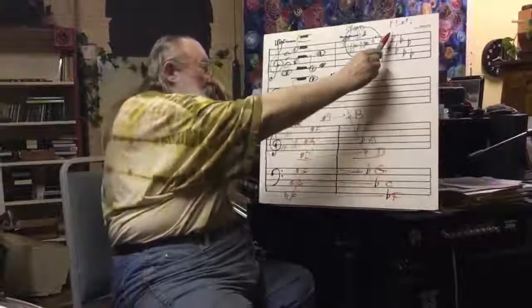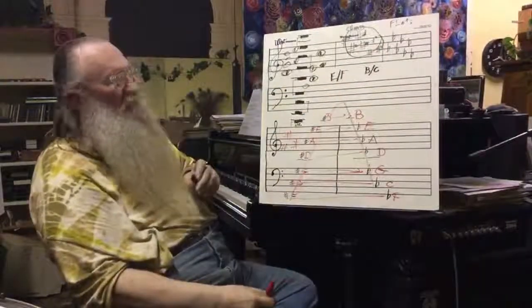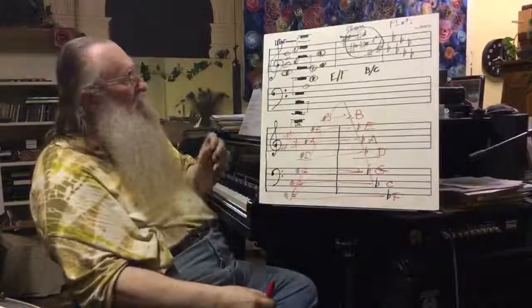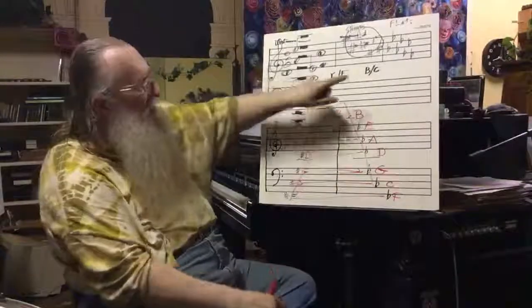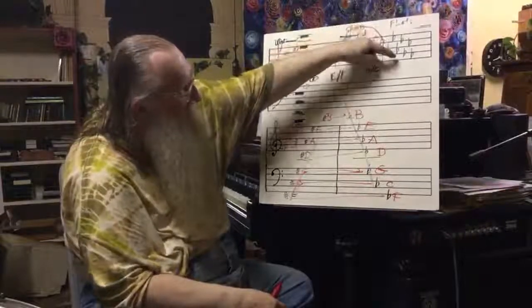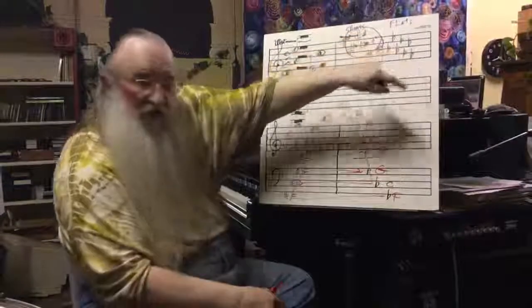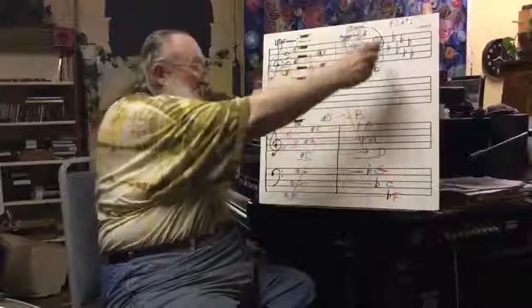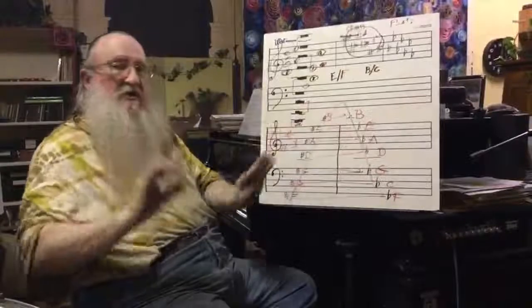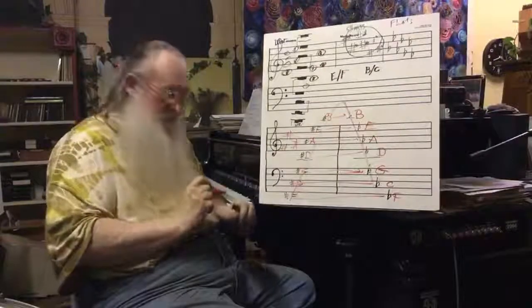Although this is a very nice and very pretty distribution of the flats, I don't need to use it, because I could move the clef somewhere where I start down here, or up here, and come down 5, come down 5, come down 5, go up 4, go up 4, come down 5, come down 5, and I could have a configuration up here that's completely different, but the flats would land on the same names.